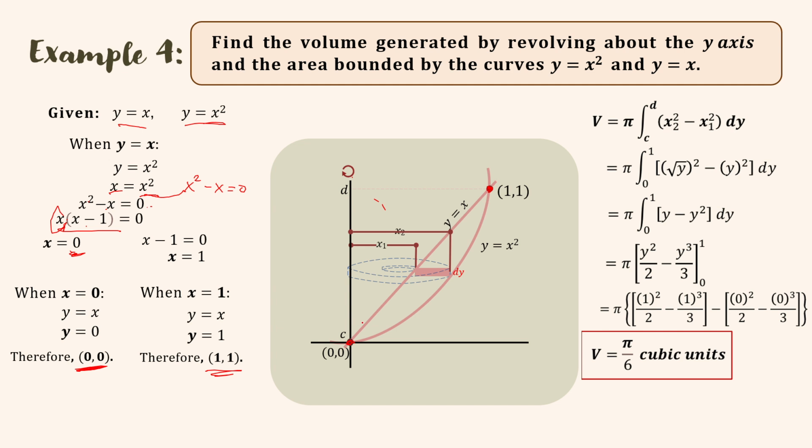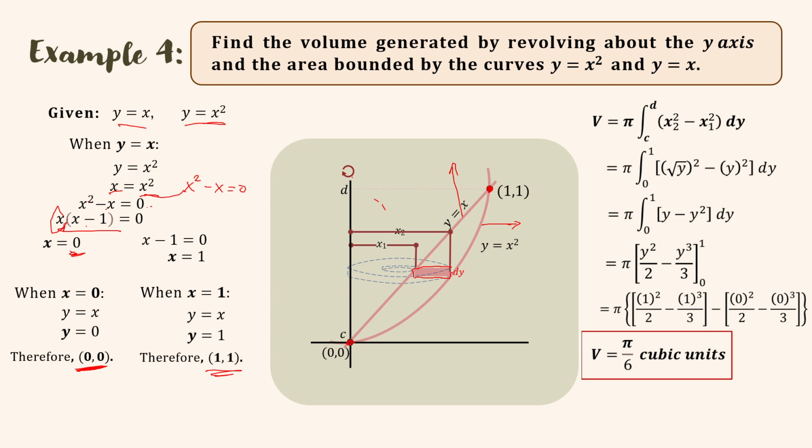So this is the right curve and this is the left curve, because we need to get the length of the strips. The strip is perpendicular to the y-axis of rotation. When it is perpendicular to the axis of rotation, we know already that the function we are going to integrate is in terms of y.